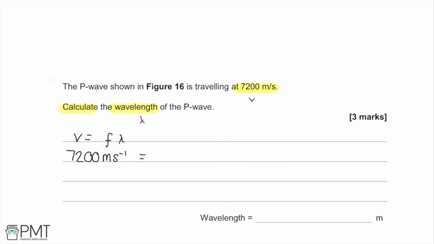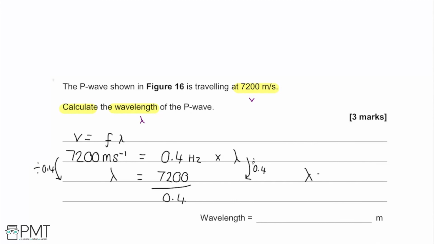That's going to be equal to the frequency, which we calculated in the previous part of the question and came to an answer of 0.4 Hertz, multiplied by the wavelength, which is the variable we're trying to work out here. Now, in order to calculate the wavelength, we need to divide both sides by 0.4. And that's going to leave us with the wavelength is equal to 7,200 divided by 0.4.